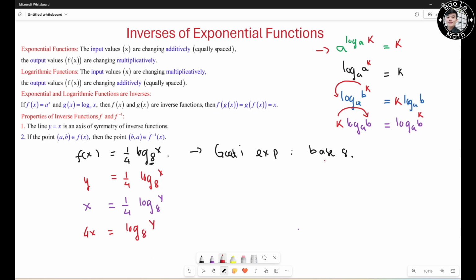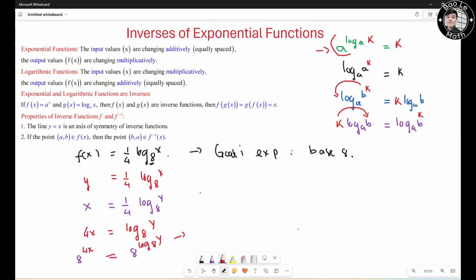And my goal should be to have the base 8 in the exponential function, so I need to take base 8 on both sides, of 4x, and of log base 8 of y. Now I need to apply the formula.